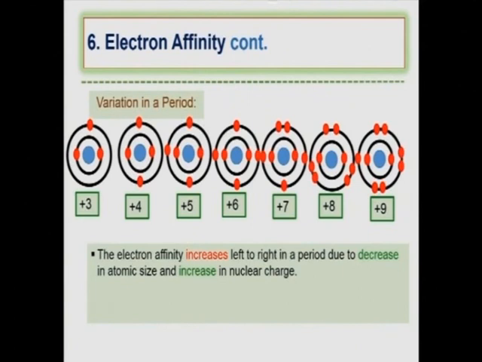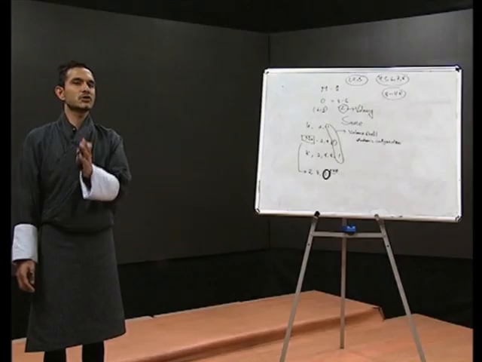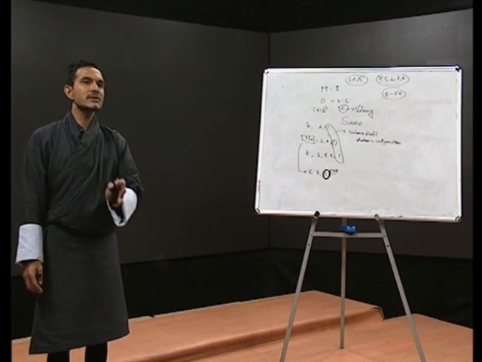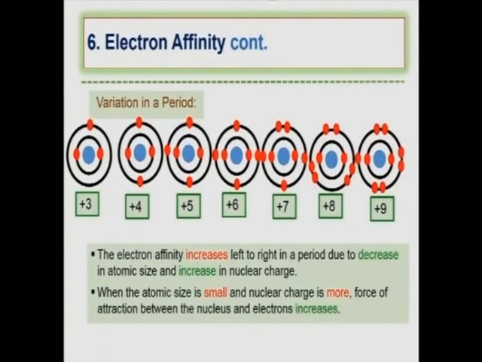When an atom accepts an electron, it needs to release energy, so more energy is released when the nuclear charge is more. So when we move from left to right in a periodic table, atomic size decreases and nuclear charge increases, and this results in an increase in electron affinity. When the atomic size is small and nuclear charge is more, the force of attraction between the nucleus and the electron increases.